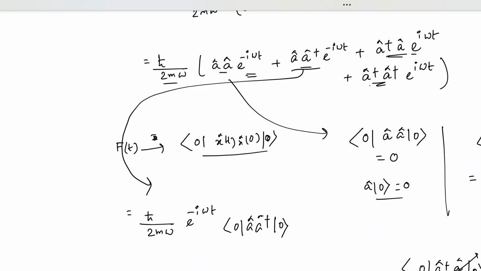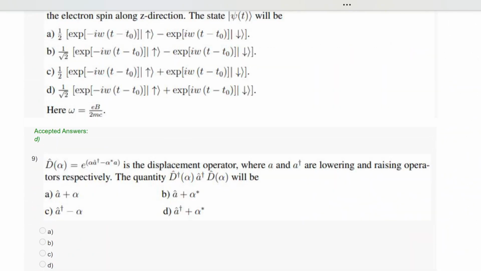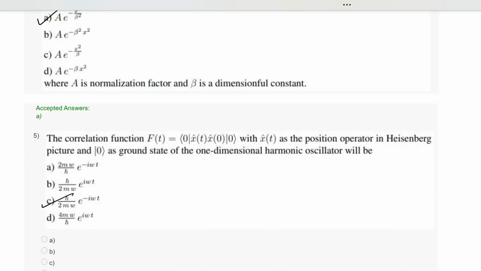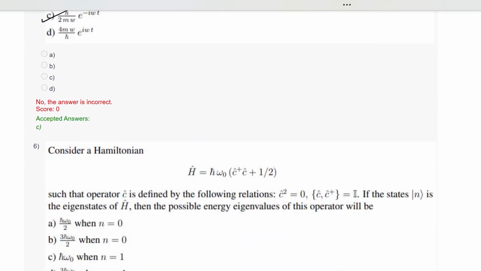So this value is 1, which gives the final answer: h cut by 2m omega e to the power of minus i omega t. This is also the correct answer.